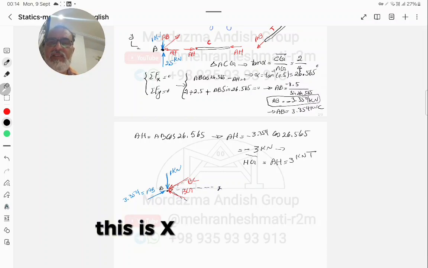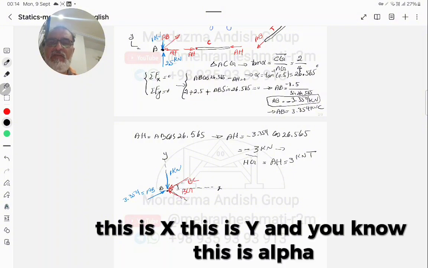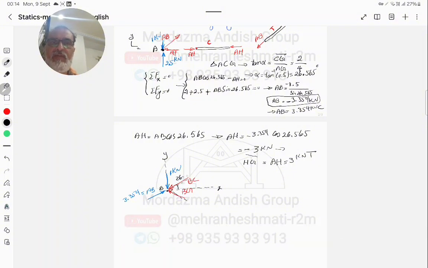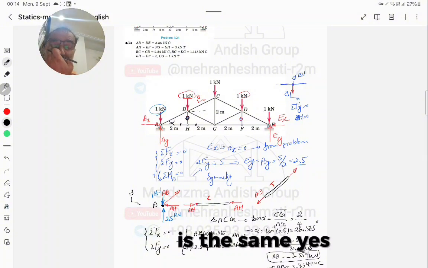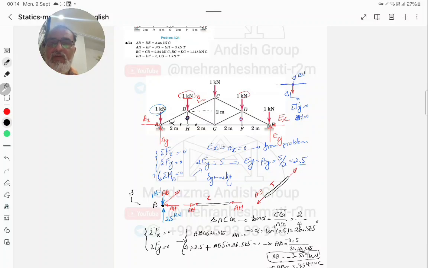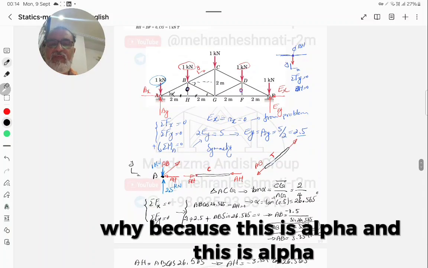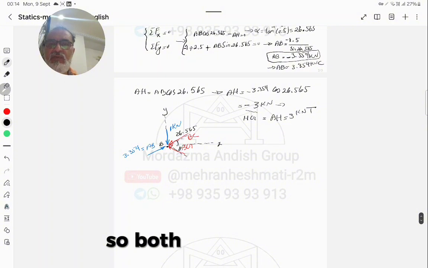This is X, this is Y, and you know this is alpha, 26.565, and this angle is the same, yes. Why? Because this is alpha and this is alpha, so both of them are the same.